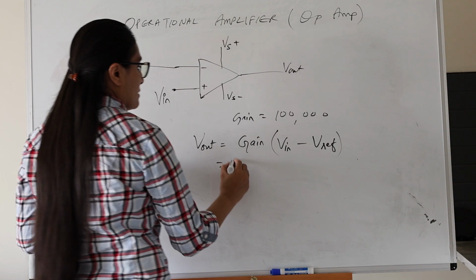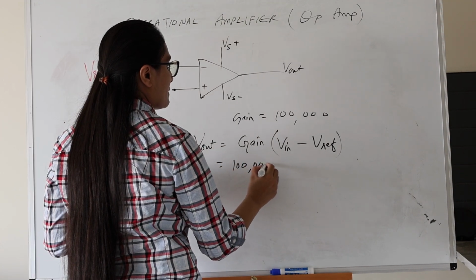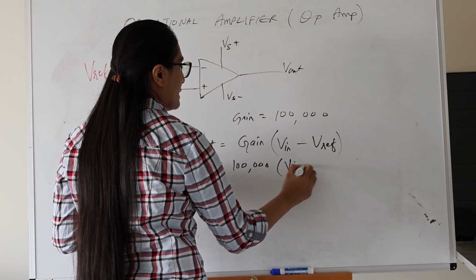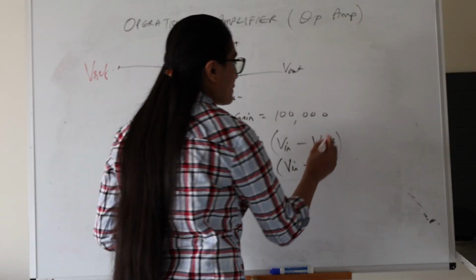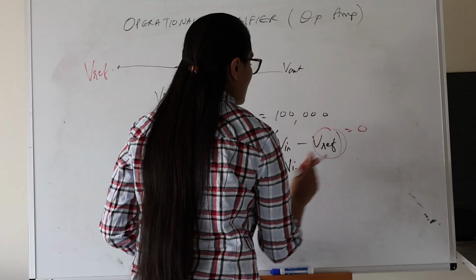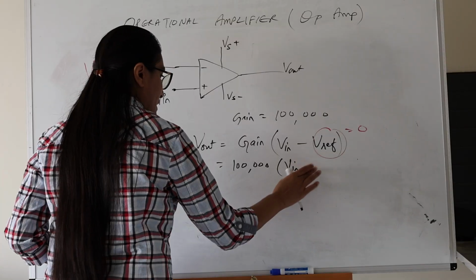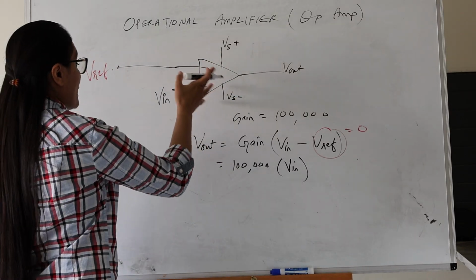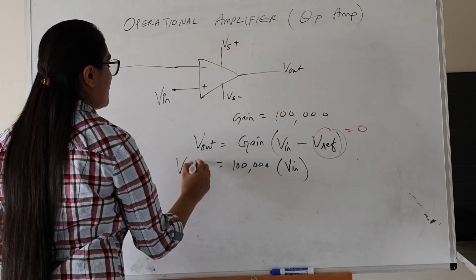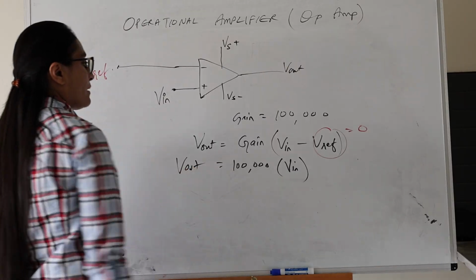That means if the gain is 100,000 and V in is varying, if I fix this V reference to 0 just for simplicity, then V out is simply equal to whatever gain is theoretically possible from here times the V in.